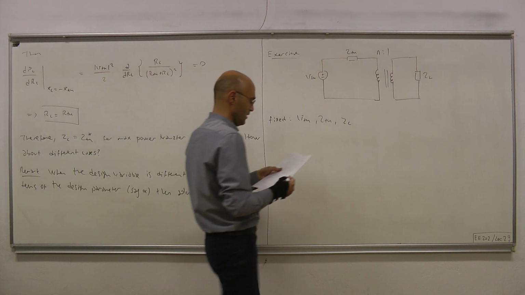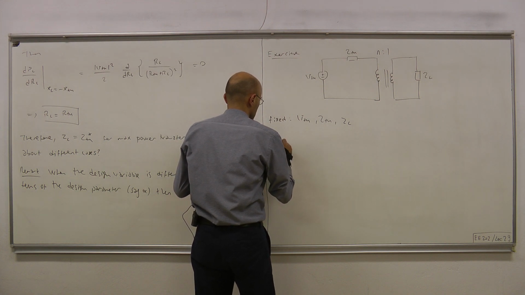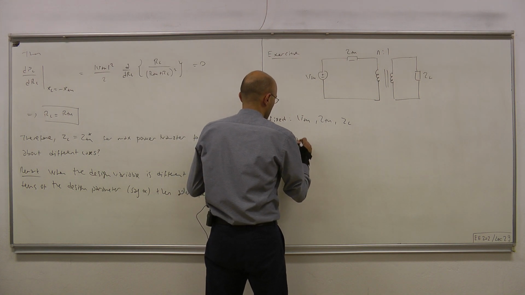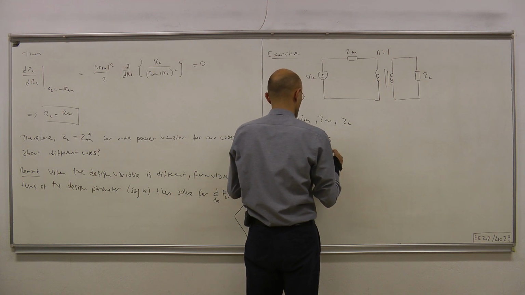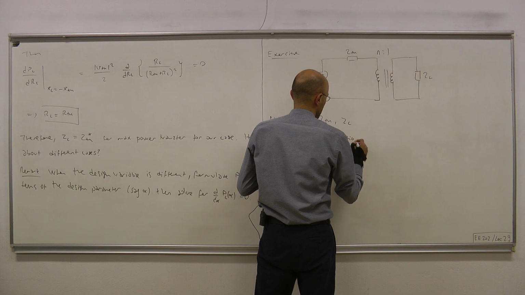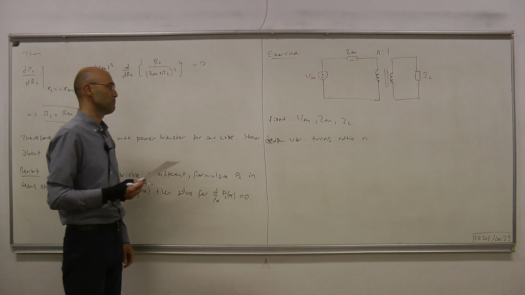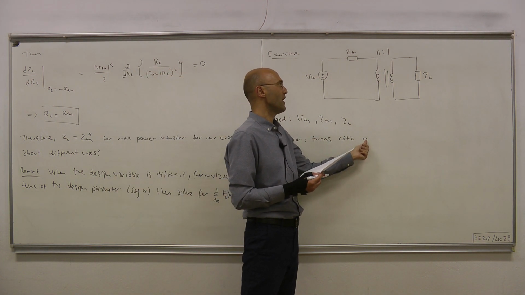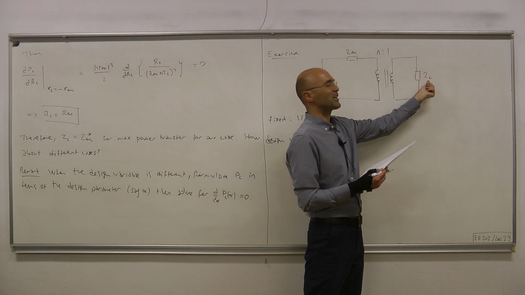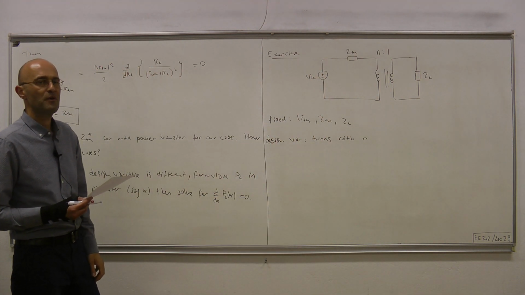So in this case, the design variable is the turns ratio of our transformer. And now the question becomes how to choose the turns ratio n so that the maximum power is extracted by the load from the rest of the circuit.